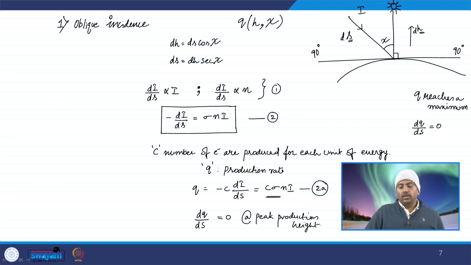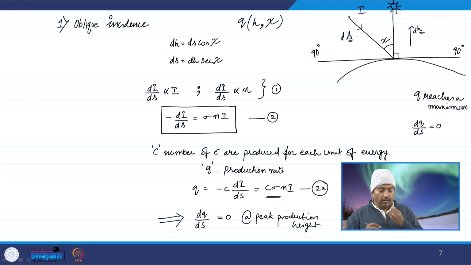And since we know that in the ionosphere, this is actually an input that you are giving in tuning the mathematical treatment as per the original observation. The original observation says the production rate reaches a maximum and it is increasing before it reaches maximum and it is decreasing after it reaches maximum if you are talking from the above, right.